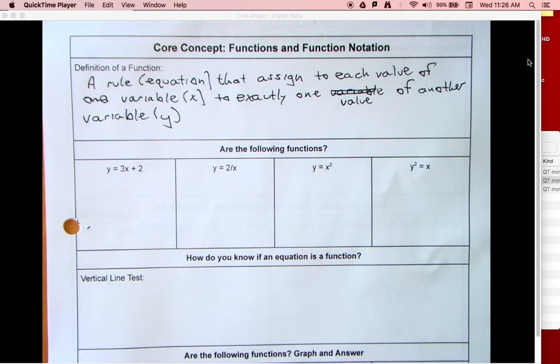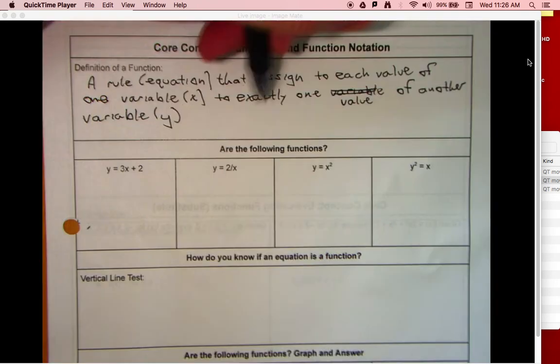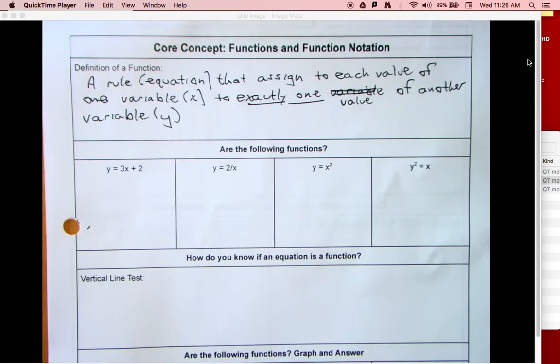Okay. Now, what does that big definition mean? Basically, what it means is that if I take an equation and I pick a number for x and I plug it into the equation, I'm going to get one answer. I'm not going to get 0 answers. I'm not going to get 2 answers. I'm going to get one answer. Exactly one answer. Those are your keywords, exactly one.